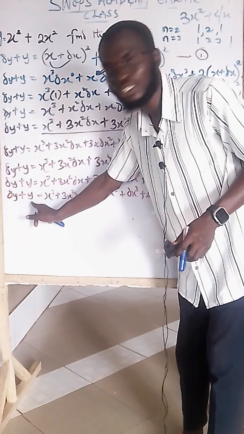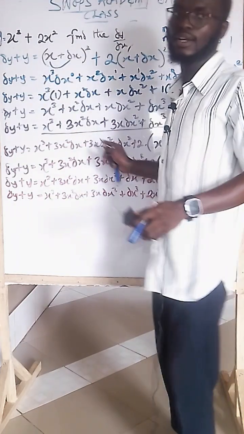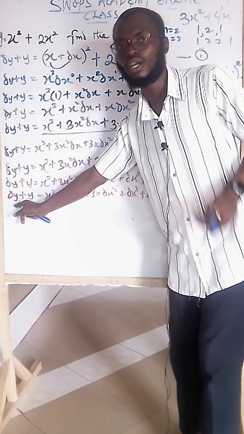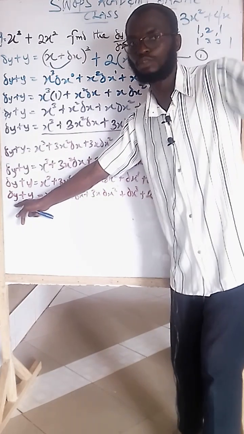Then the next thing to do, I told you that it is the y that we are looking for. You find the means and bring this y back, because we want to make y the subject of the formula. These are the rules that I explained earlier.